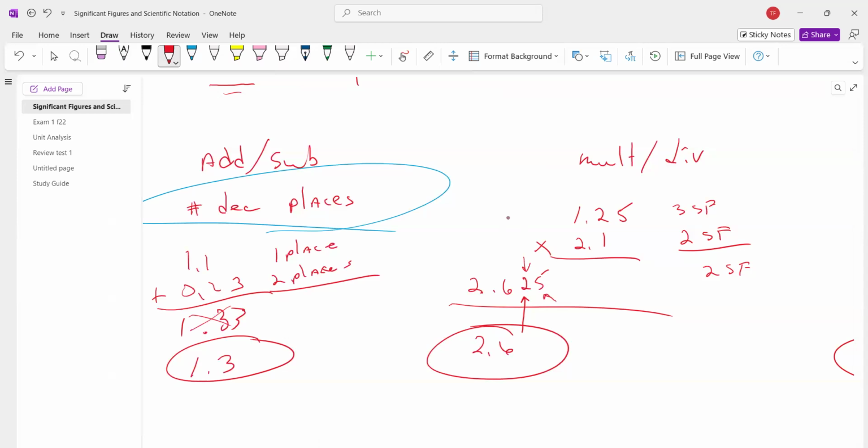If it's 5 on up, we add 1. So 2 is 0 to 4, so we just drop it. The answer is 26. Now I will write it like this, which means 2 sig figs. You can do that if you want. I just do it for clarity. Most people don't do that. I do it because I'm teaching you about sig figs.